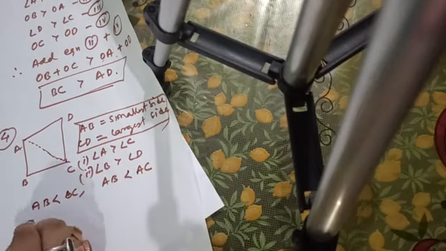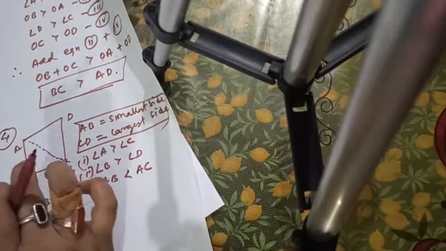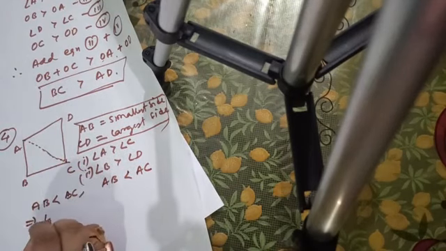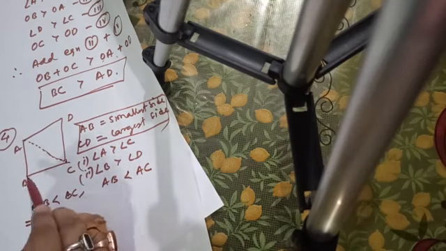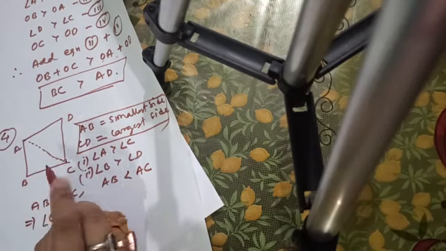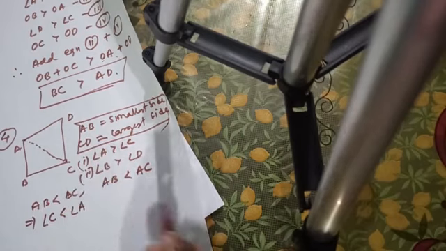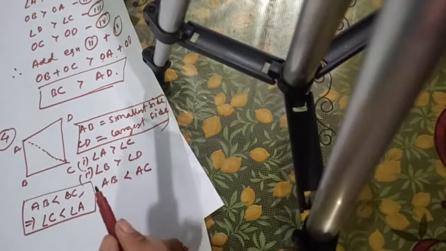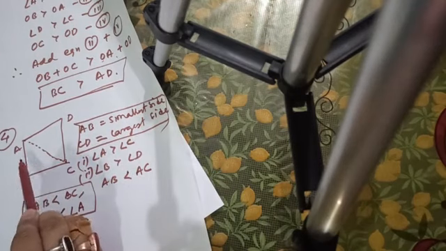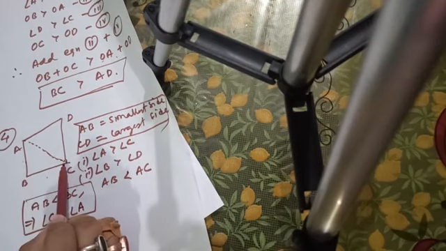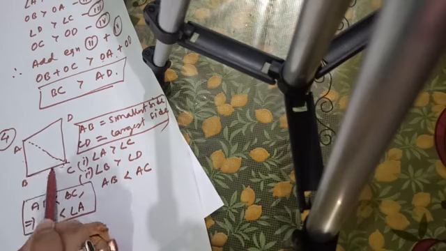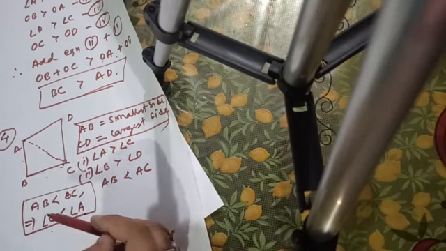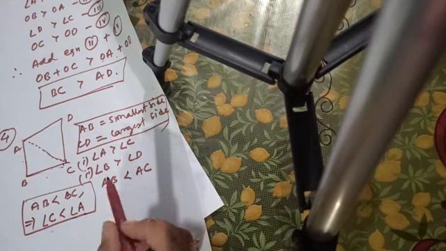AB's opposite angle is C, and BC's opposite angle is A. That means automatically angle A is greater than angle C. This is the first proof.